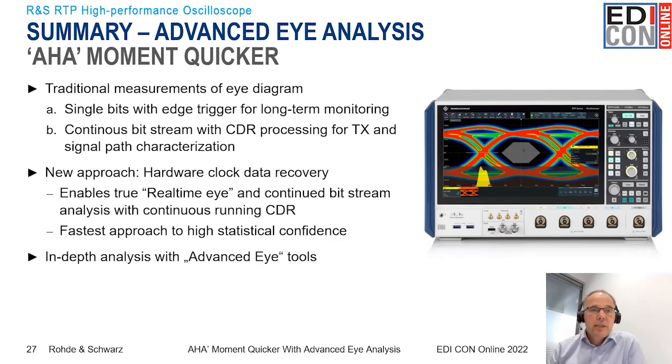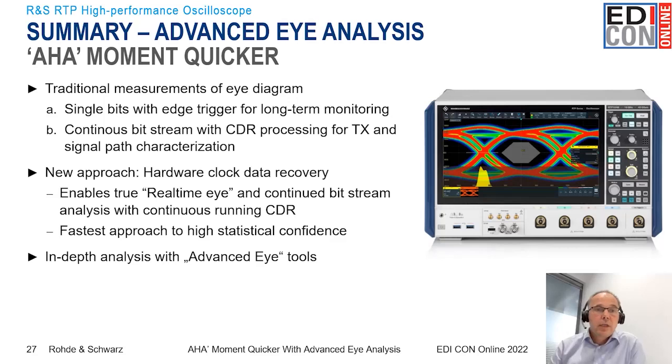the signal path. With this presentation today, I wanted to show you a new approach where Rohde & Schwarz has implemented a hardware clock data recovery in the trigger circuitry. So it's very much integrated. You can use this on all 4 channels of the oscilloscope, and this enables the true eye diagram measurement where I look at signal bits.